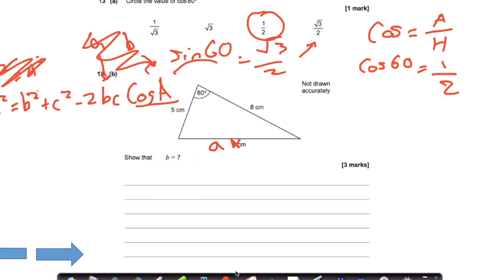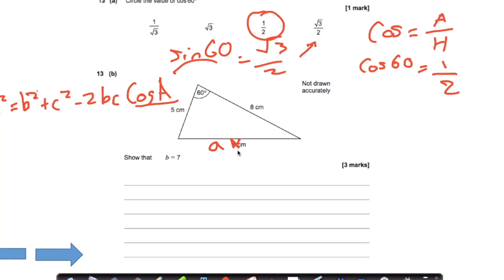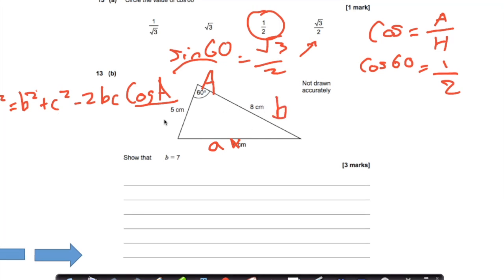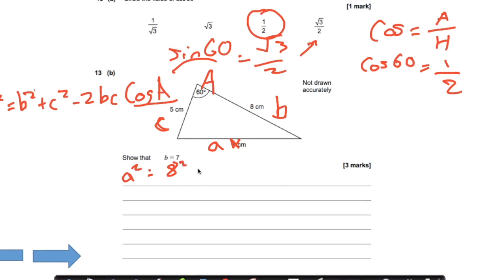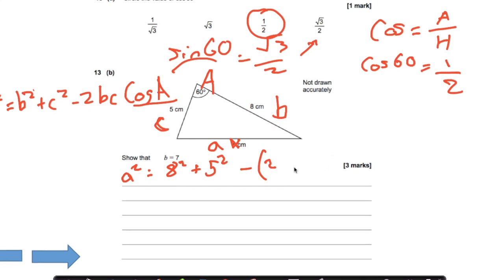So labeling our sides and our angles, we've got A here, so I'm going to label the angle opposite A as capitalized A, and then it doesn't matter which one you call B or C. This side we could call B, but for argument's sake I'll just call it C, and this side I'll just call B. Then it's a case of, okay, well, A squared equals, I've called B this side here, so B squared, which we've called 8, so let's do 8 squared, plus C squared, which we've called 5 here, so 5 squared, minus, and then it might be easy if you think of it all in brackets, so you know to do all of this at once.